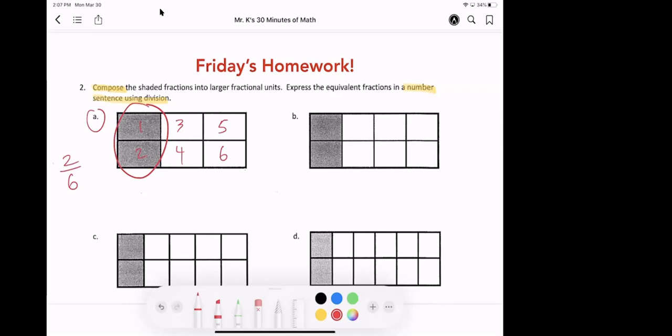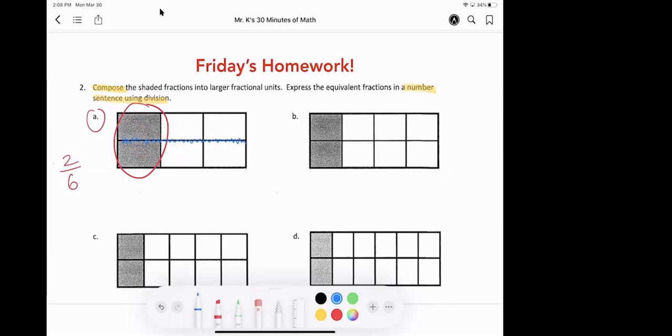Okay, so the way we're going to do that is instead of creating rows like we were doing for decomposition, we're going to remove rows. So we're going to get rid of this line right here so that instead of having 6 pieces as we had at the start, we're going to have how many pieces?